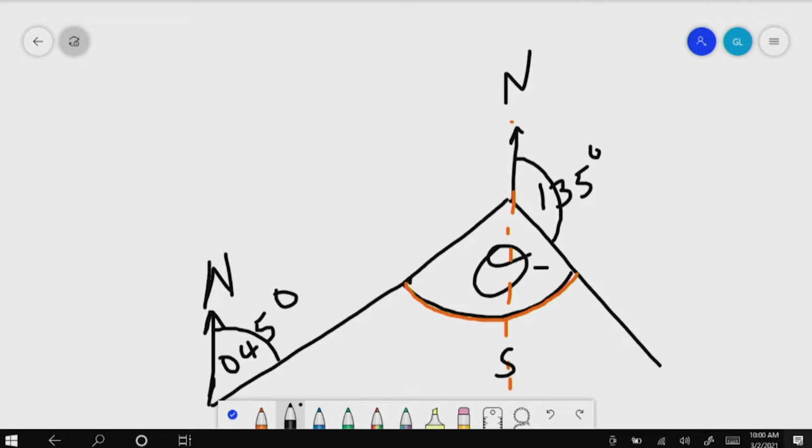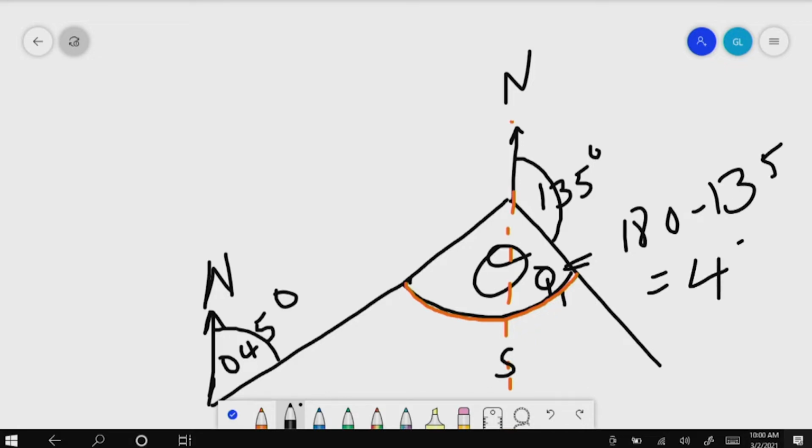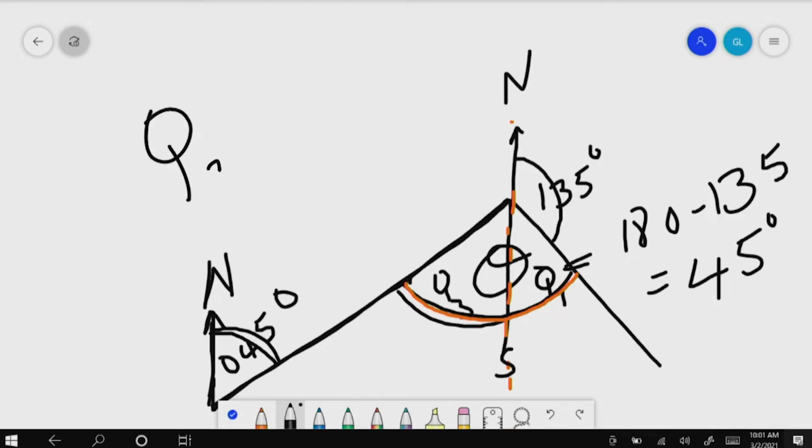So this angle here would have been 180 minus 135, which would have given us 45 degrees. This angle here, if we were to use the concept of alternate angles or Z angles, the size of this angle would have been the size of this angle. Therefore, Q2 plus Q1, those two complementary angles, would have been Q equal to Q.